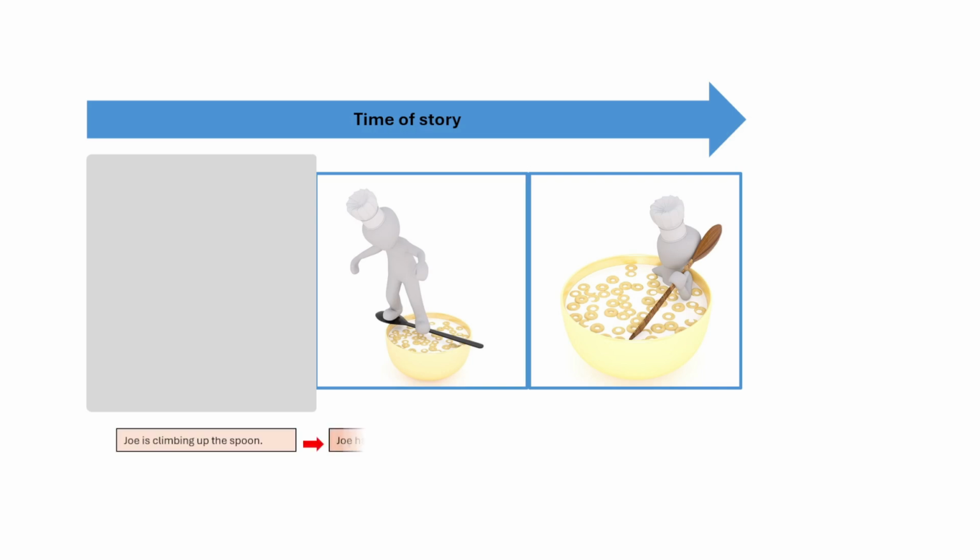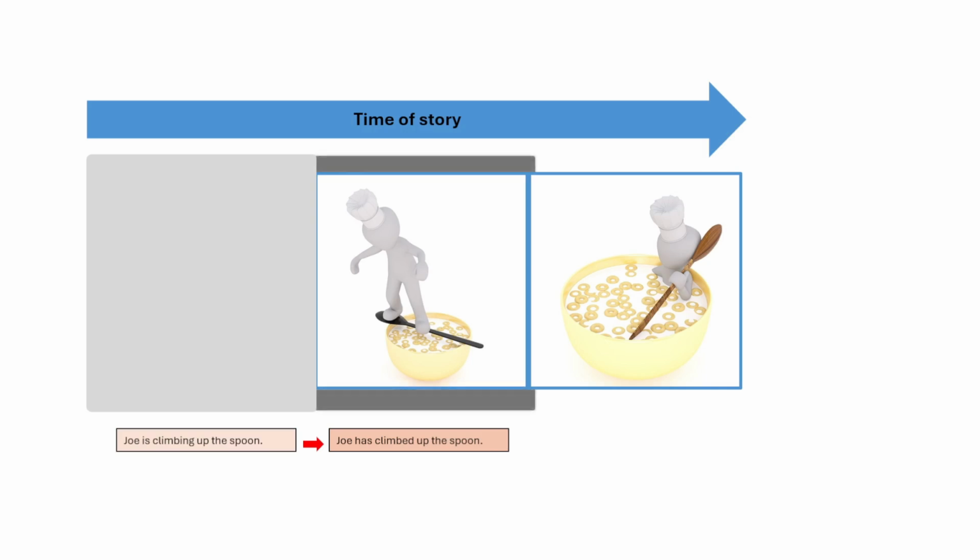And so now we say Joe has climbed up the spoon. We can't see him doing it, but we know that he has done it. So the time of the story is not finished, but the action of climbing up the spoon is finished.